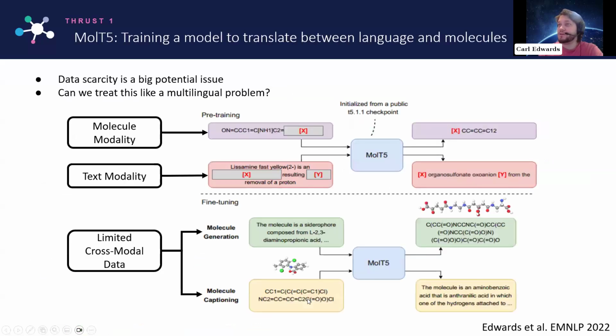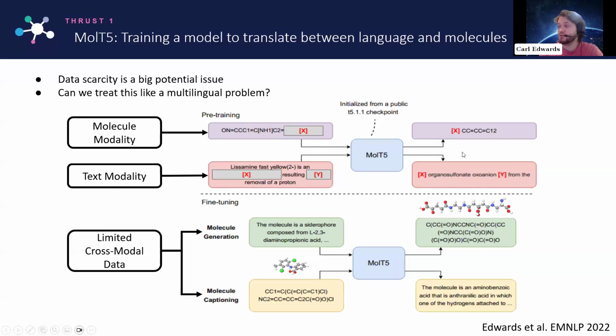As we mentioned, data scarcity is a big potential issue. It was a bigger issue at the time. So the question we asked is, can we treat this as a multilingual problem? Essentially, we have a lot of molecule data, we have a lot of text data, but we're very limited in terms of associations between those two types of data. So we adopt a multilingual pre-training approach where we pre-train on the molecule modality using a span corruption task.